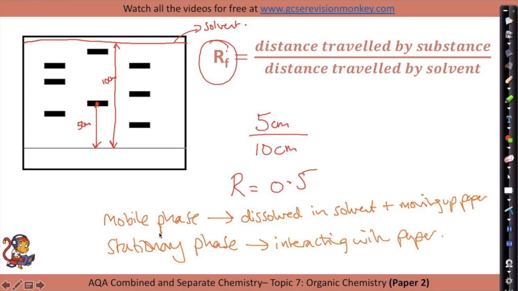So depending on how long the substances spend in the mobile and the stationary phase will determine how far it moves up the paper. So for chromatography, not only do we have to write a method to show how to set up a chromatography, you will also have to calculate RF values as well.